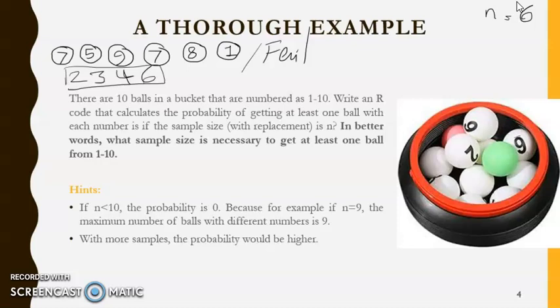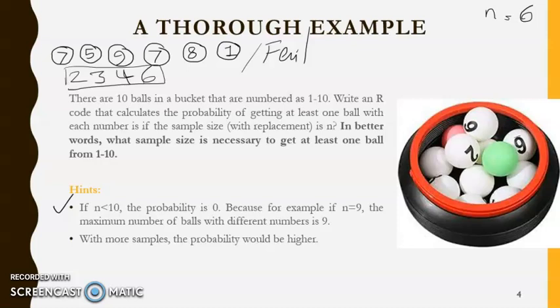But we have, for example, two 7s. And of course you agree with me that, now it is the hint, if n is smaller than 10, the probability is 0. Because, for example, if you are taking 9 balls out of the bucket, the maximum number of balls with different numbers is 9.